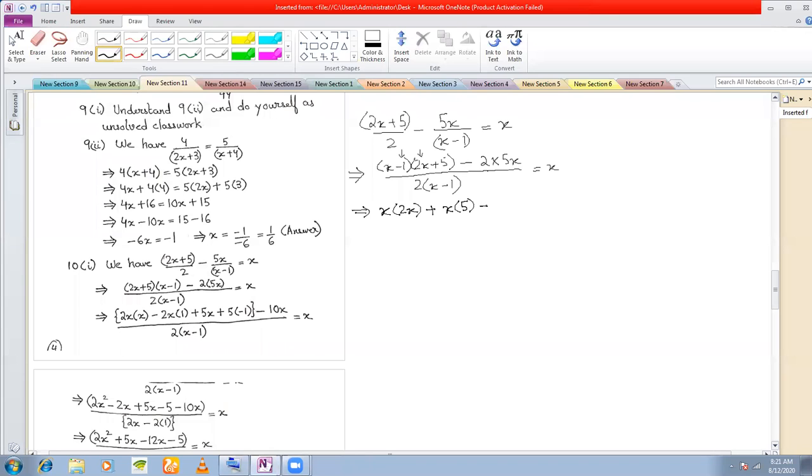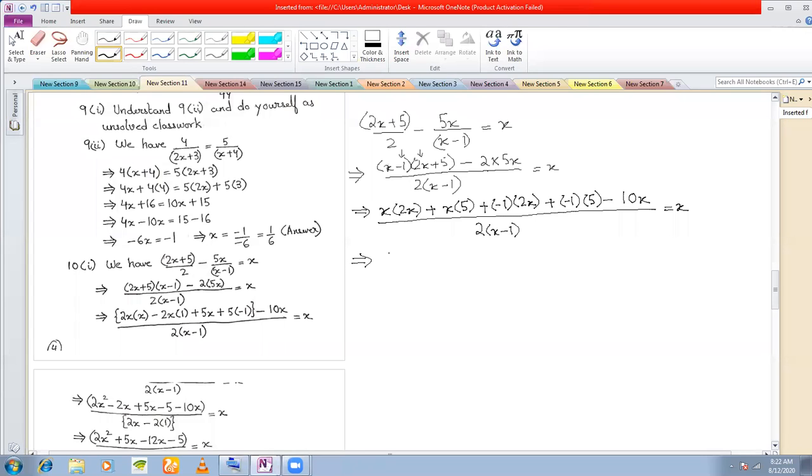Next, plus minus 1 into 2x plus minus 1 into 5, minus 2 into 5x is 10x, twice of (x minus 1) is equal to x.